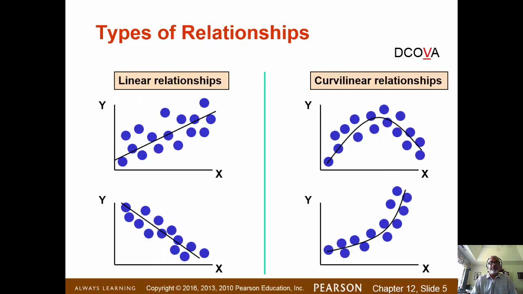Okay, so let's look at an example. Suppose we have two numerical variables x and y, and the points fall in this fashion. You can see there is some kind of linear relationship between x and y, and along the straight line the y values vary a little bit more here than here. And here the y values are closer to the straight line.